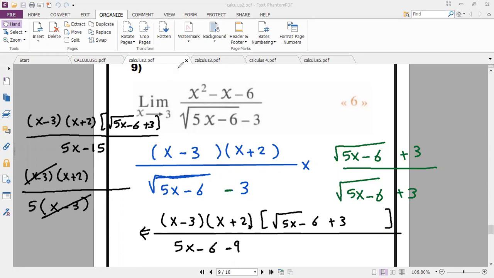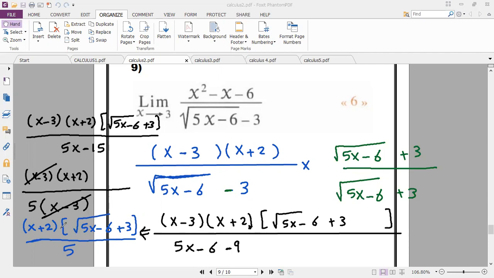So we ended up with, pay attention, x plus 2 at the top, multiplied by the square root of 5x minus 6 plus 3, all divided by 5. And x approaches 3, so I'm going to put 3 in this limit here.